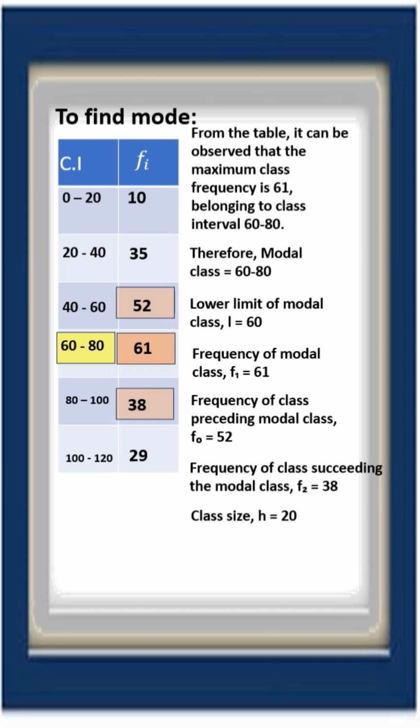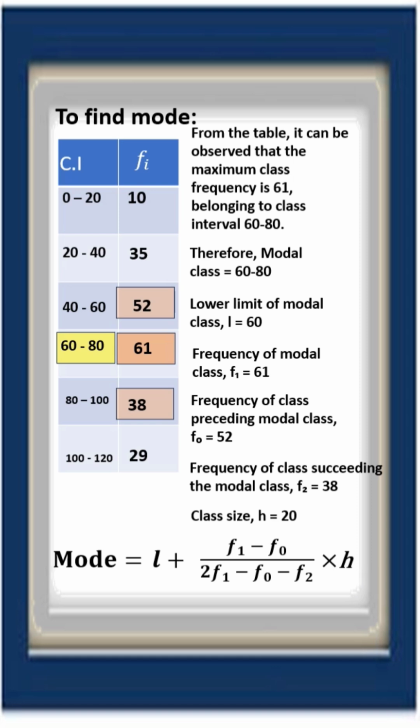Class size h is equal to 20. You can get the class size by subtracting the lower limit of the class interval from the upper limit. Now we have the formula: mode is equal to L plus f1 minus f0 upon 2 f1 minus f0 minus f2, into h.